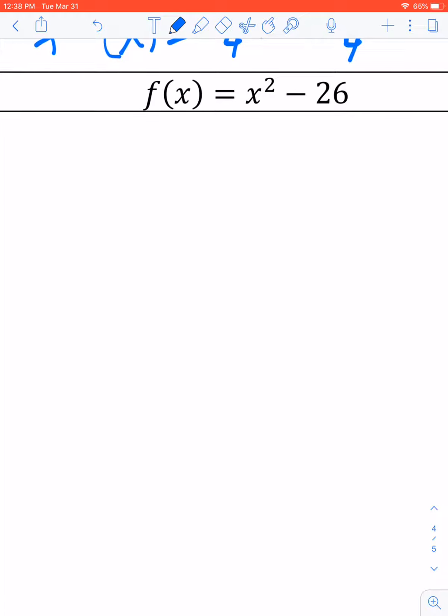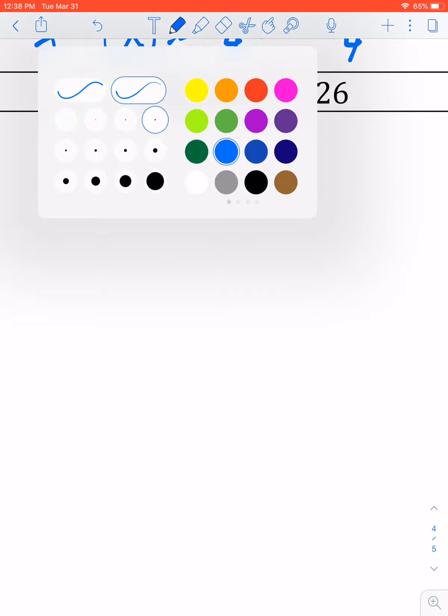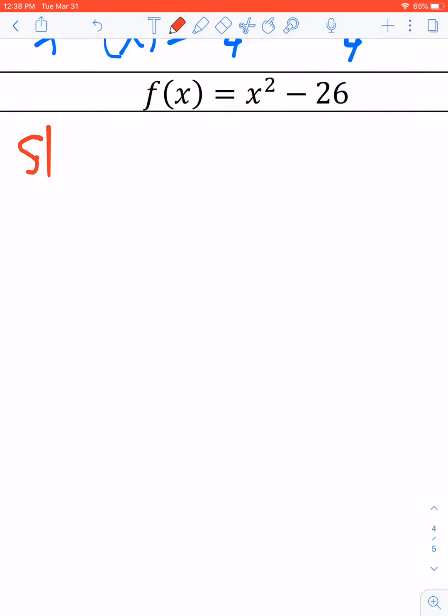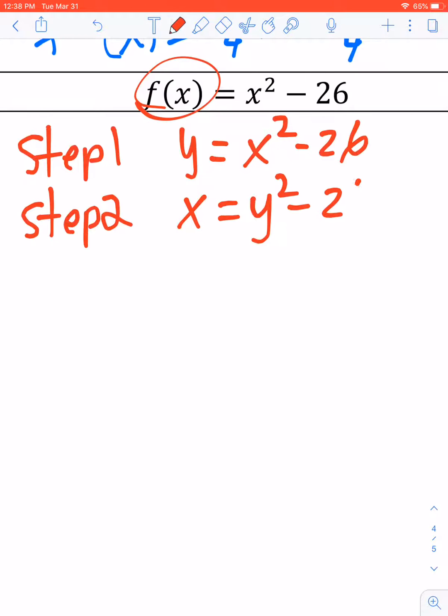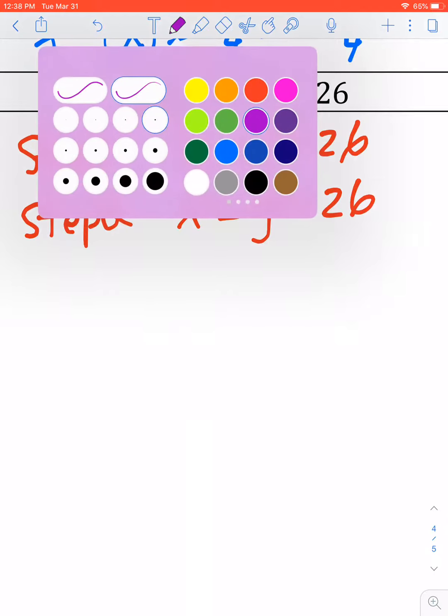Okay, let's do it again. Step 1. We're going to replace f of x with y. Step 2. I'm going to exchange the x and the y. Step 3.